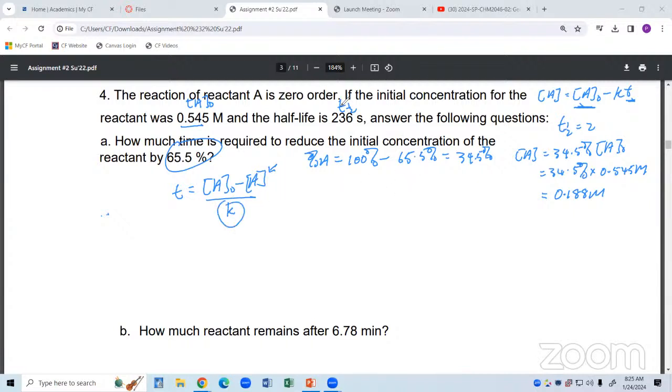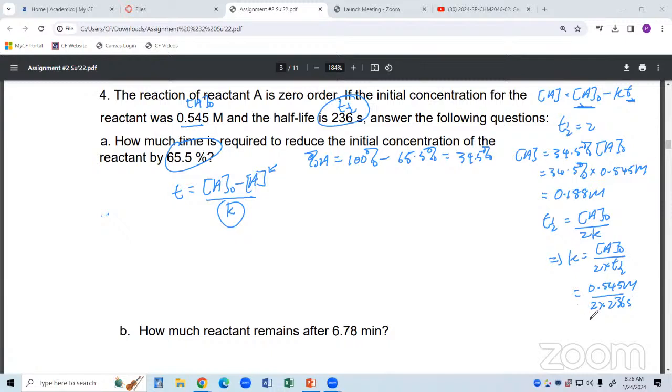Now, the key to determining k is the half-life right here. And if you recall, we said that the half-life for a zero order reaction would be the initial concentration of A divided by 2k, right? So therefore, we can say that k will be equal to the initial concentration of A divided by 2 times the half-life. So let me show what that gives. The initial concentration is 0.545 M divided by 2 times the half-life, which is 236 seconds.